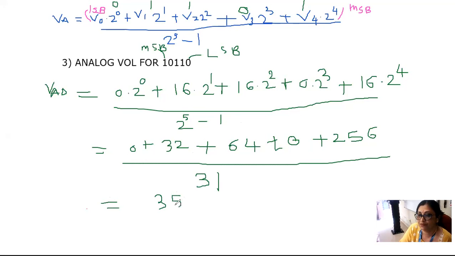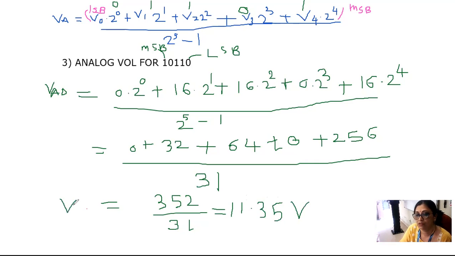And this 352 divided by 31 gives 11.35. Correct, 11.35 volt. So this is the output voltage for the digital input 10110.